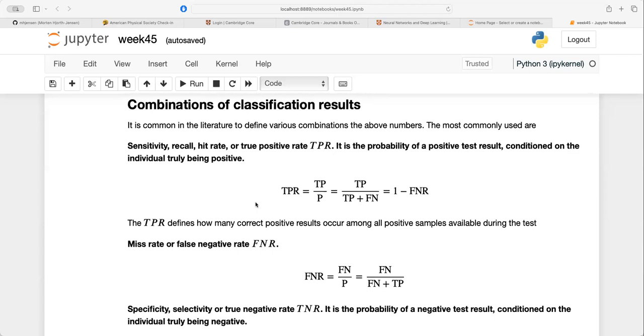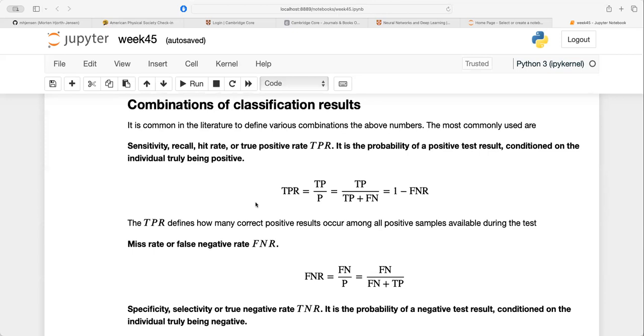I actually find it intuitive to look at the previous case, but if you just rethink a little bit the words here, one of the quantities which people often present is normally called the sensitivity, or the hit rate, or the true positive rate, TPR. And that is simply the sum over the correctly classified divided by the true positive plus the false negative. And it's meant to define positive results which occur among all the positive samples available during the test.